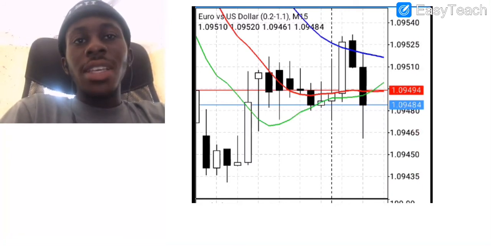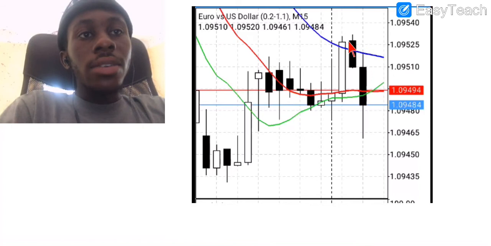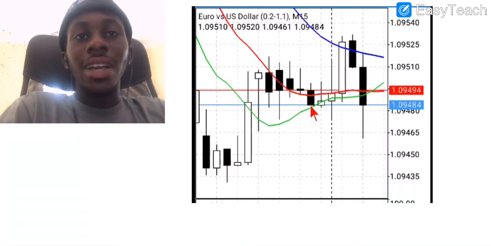As I said in the last video, the smallest change in a currency is what we call the pips. If you see here, the bars that you see here, we call them candlesticks.